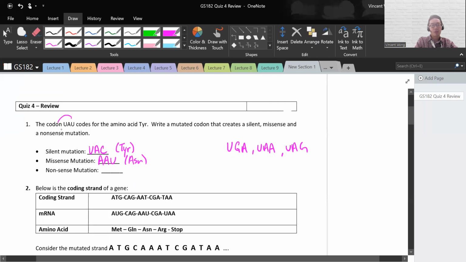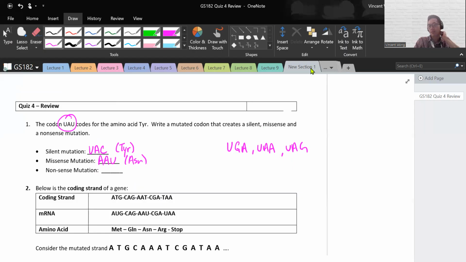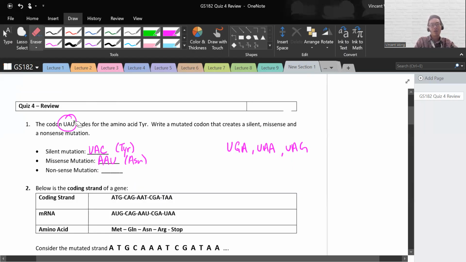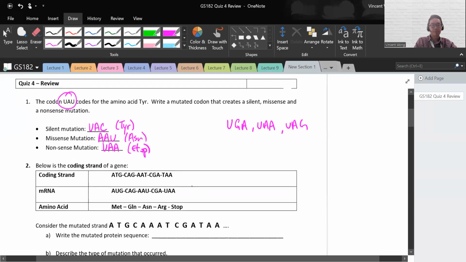We take a look at our wild type here, UAU, and we want to change it to one of these by switching one of the nucleotides. There are a couple of ways to do this. You can either change the last nucleotide to an A, or you can change it to a G. Both will be correct answers. I'm just going to go with UAA here, and that's going to create a stop codon. That is how you mutate a wild type codon into each one of these.